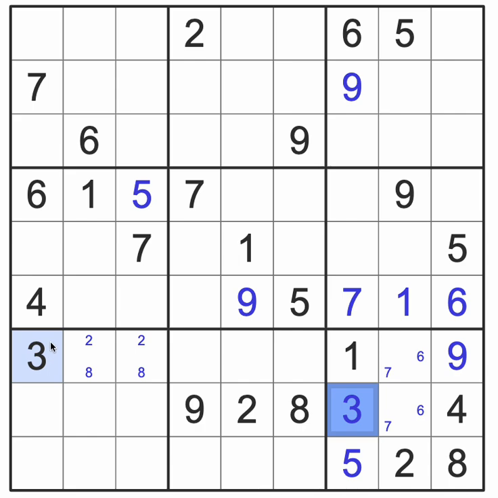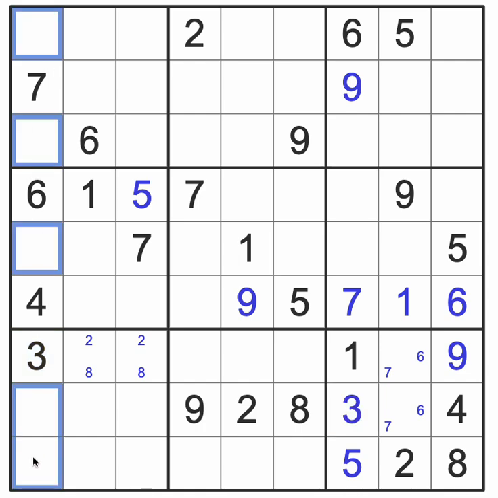It only has 3, 4, 6, 7. And there's only one cell where I can place 2. These 2 are blocked by these 2. This 2 is blocked by this 2. Okay, this 2 blocks here. This 2 blocks here. And this 2 blocks here. So it's down to these 2 cells.